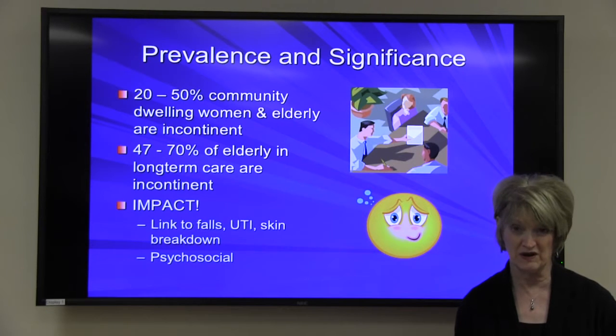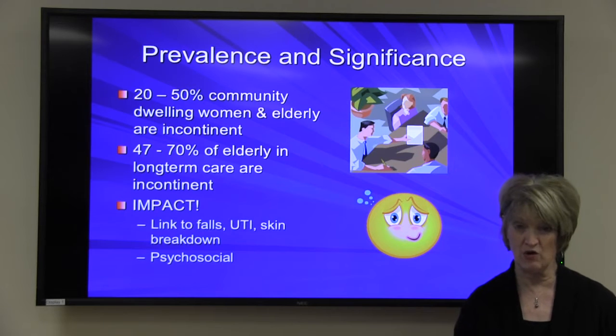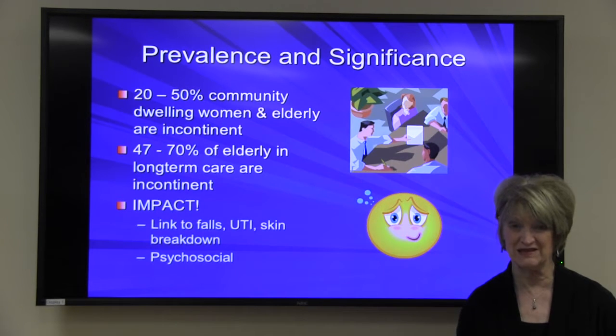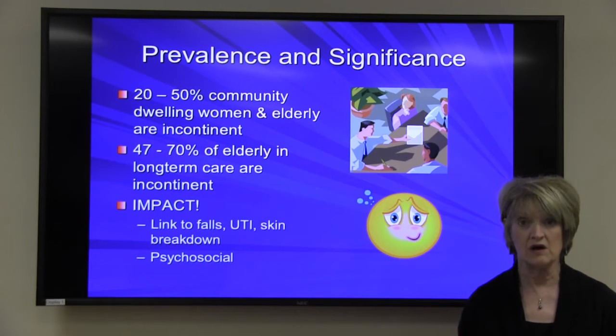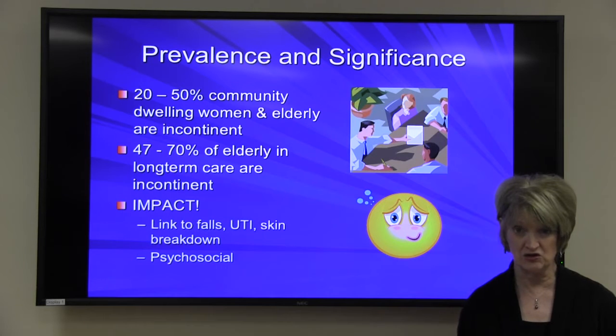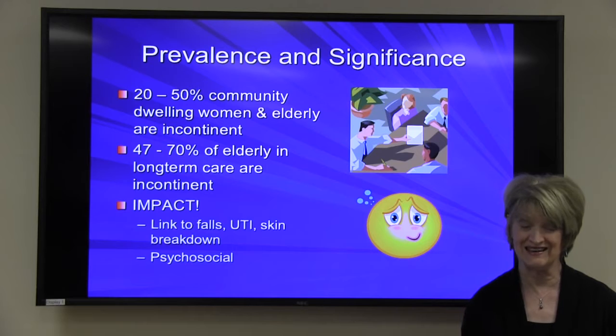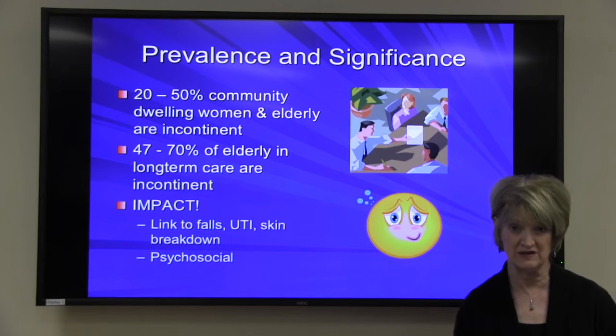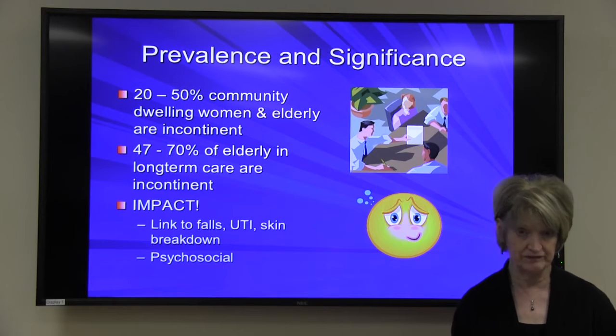Not going to church because they're afraid they'll wet the pew. Toilet mapping, knowing where every toilet is and limiting out-of-town trips because they don't know where to stop and where they can go. So anything that we can do to improve continence or to make incontinence more manageable goes a long way to improving these individuals' quality of life.